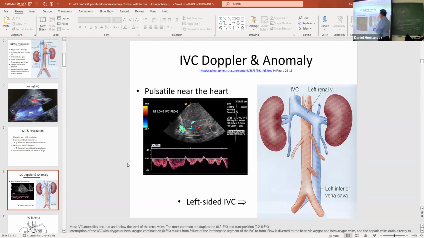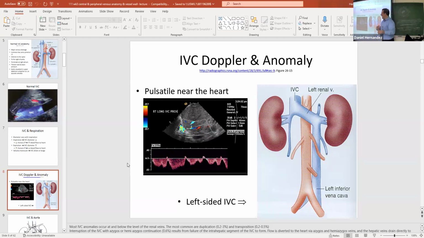Something else to consider is your proximity to the heart. The closer we get to the heart, the more pulsatile those veins become, because we have cardiac influence on that venous system as the heart, and particularly the atria, contract and relax as they're filling and contracting. Those cardiac pulsations get translated back into the venous system, and we can pick them up.